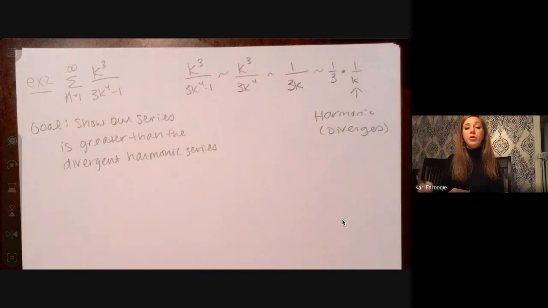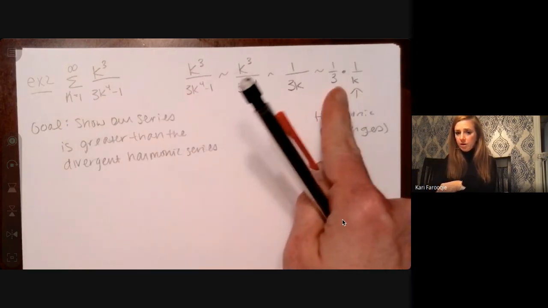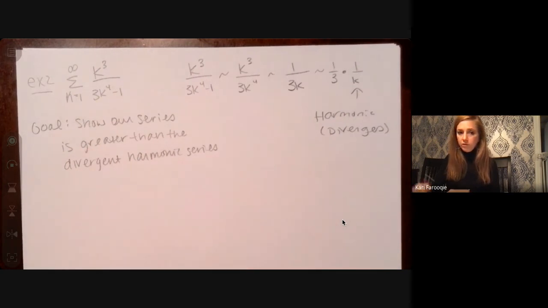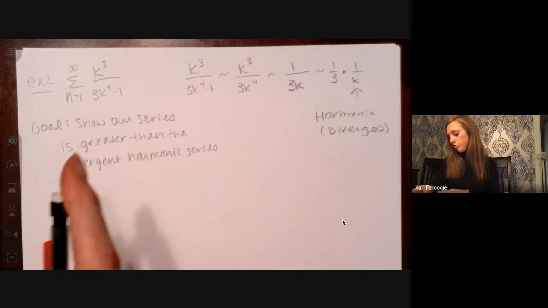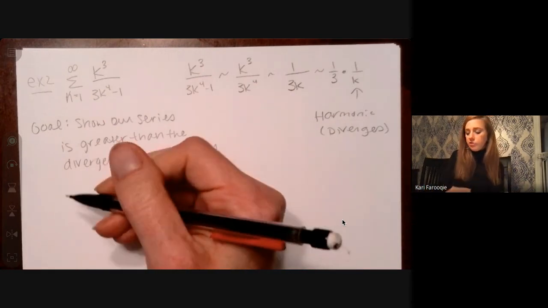Okay, so if we're trying to show divergence, which is what we're trying to do here, because we've kind of whittled this down to saying, oh, this looks kind of like that one, we need to show our series is greater than the divergent harmonic series in order to use a comparison test. So we're going to start to do that.